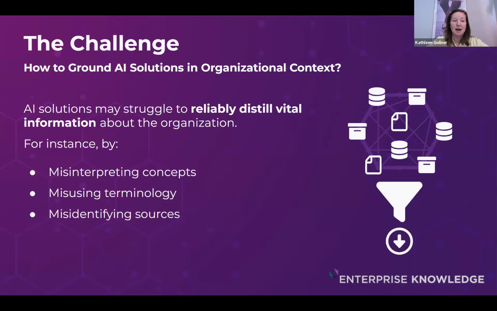For instance, misusing sales regions versus the regions in which people actually work in the organization, misusing terminology like interpreting an acronym as a more publicly known acronym as opposed to the internally used acronym, or misidentifying sources, picking up the wrong types of documents to use as sources for certain types of answers or outputs.